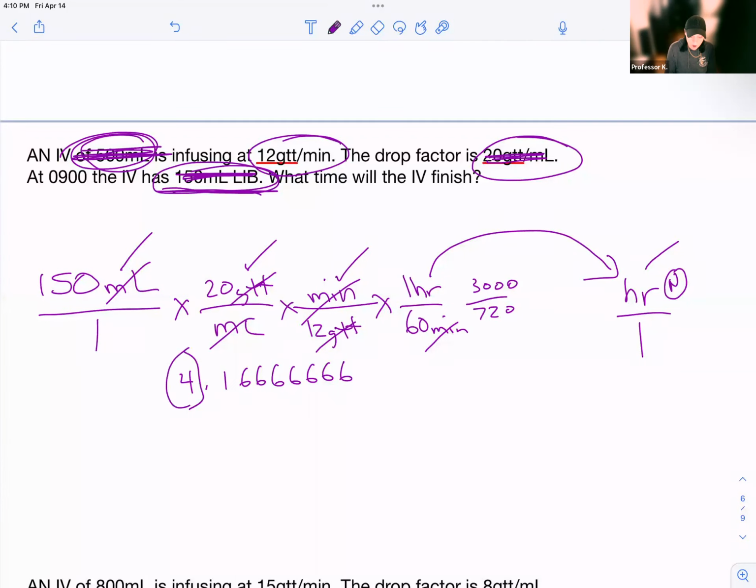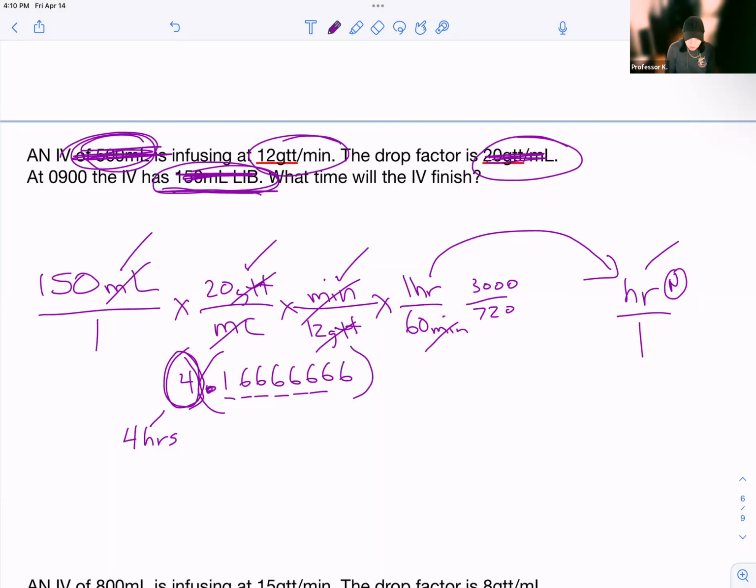The number before the decimal represents hours. 4 hours. The number after the decimal represents minutes. You have to keep at least 6 spaces. 1, 2, 3, 4, 5, 6. When you do the calculation, you never round until the very end of your problems for anything in calculations, okay?